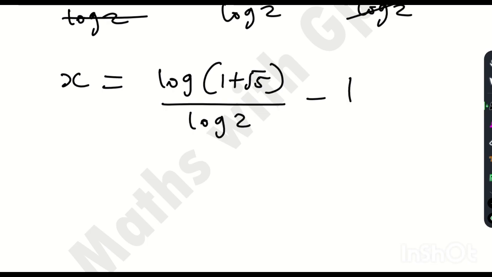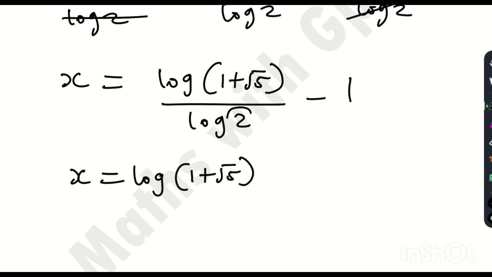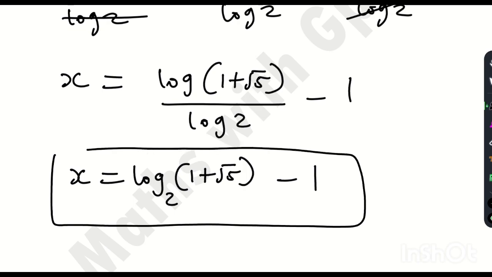So watch this, x will be equal to log of bracket 1 plus root 5 with the new base, which is this 2 here. That's how you do change of base in logarithm. So then we still have our minus 1 here. So this is the value of x that will satisfy the equation. Hence, this is the solution.